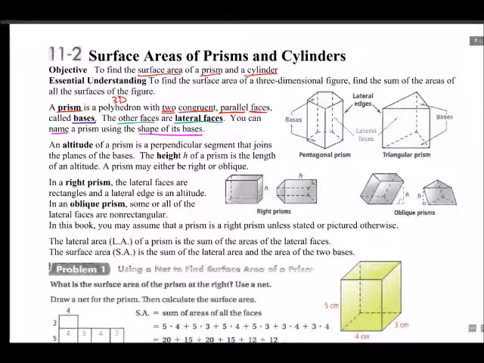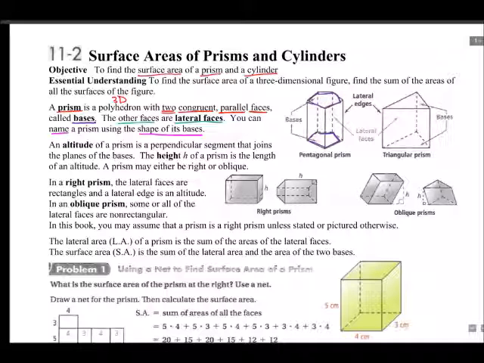So if we look on our first diagram here, we look for the two congruent parallel faces. There's one on top and one on the bottom, and those are pentagons. And so we would name this a pentagonal prism. Now our other faces are these rectangles around the middle.